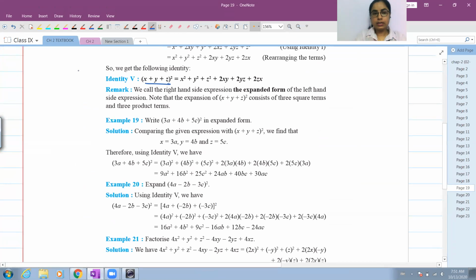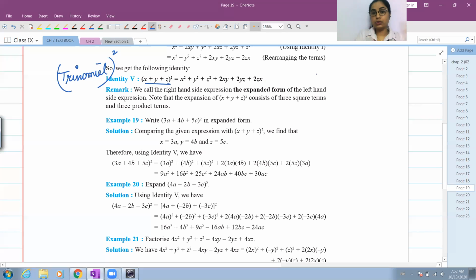So this here is a trinomial square, and as you can see, the result is very similar. You have the square of the first term, the square of the second term, the square of the third term, plus 2 times the products taken in pairs: 2 times the product of the first and second term, plus 2 times the product of the second and third term, plus twice the product of the third and the first term.